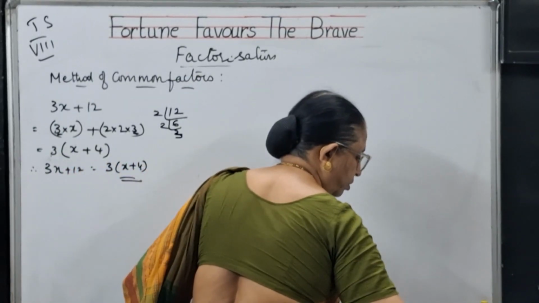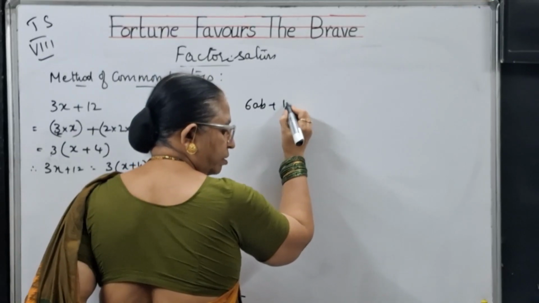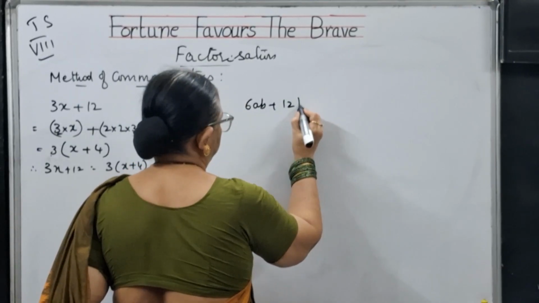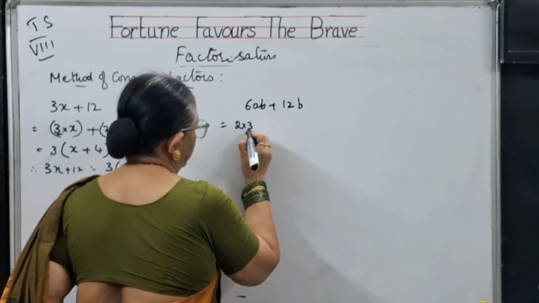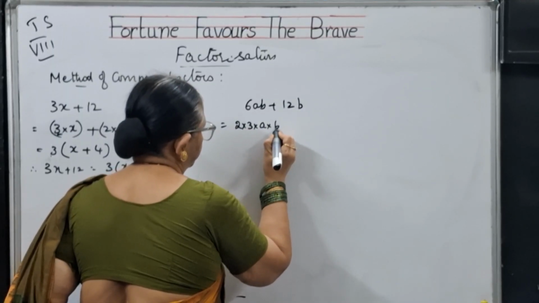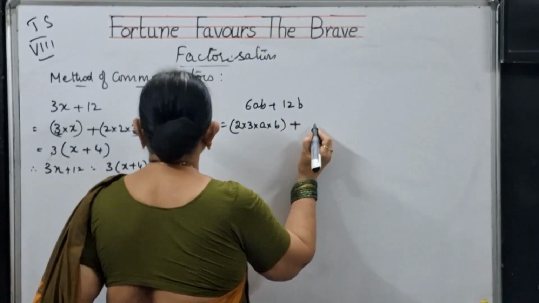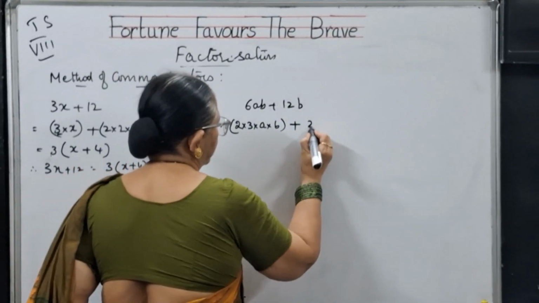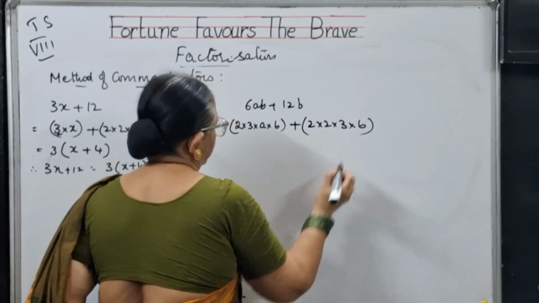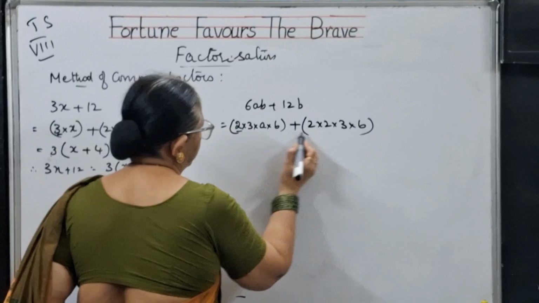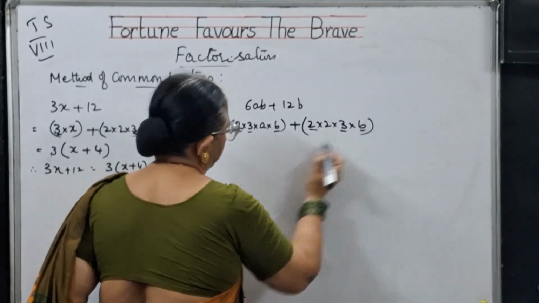Now, one more value that they have given is 6ab plus 12b. So 6ab, 6 means 2 into 3 into a into b, plus 12, which we have written as 2 into 2 into 3 into b. Now in this, what are common? 2 is common, 3 is common, b is common.